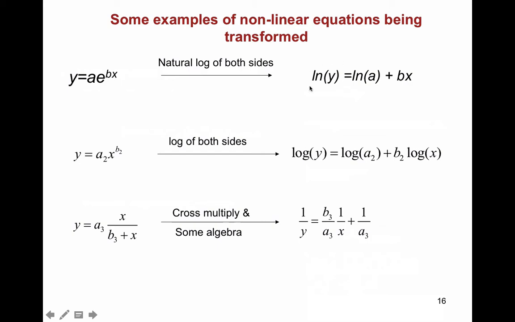This x and ln of y are in a linear relationship, and these are the coefficients. If I run them through linear regression, then this is my first coefficient, which I called a0, and this is my second coefficient, which I called a1. So if I find them, then I can find a and b based on the fact that ln a is equal to a0 and b is equal to a1.